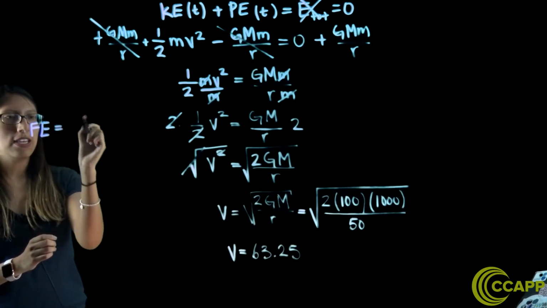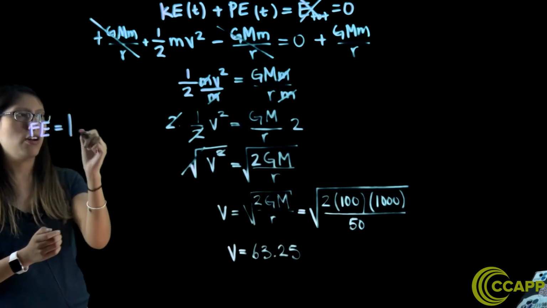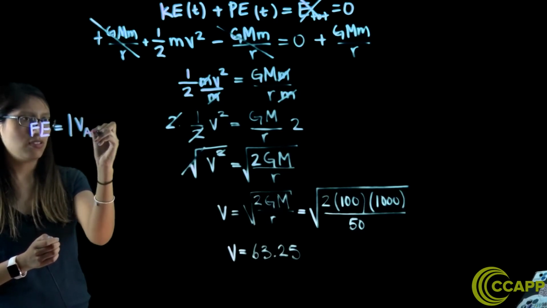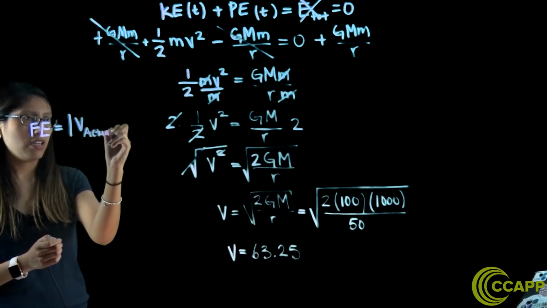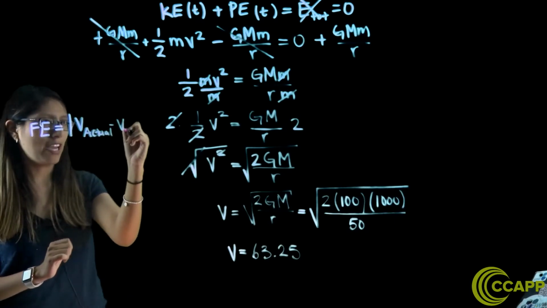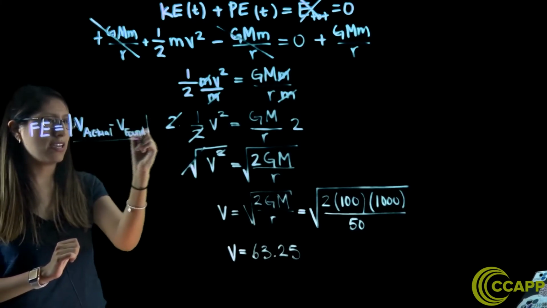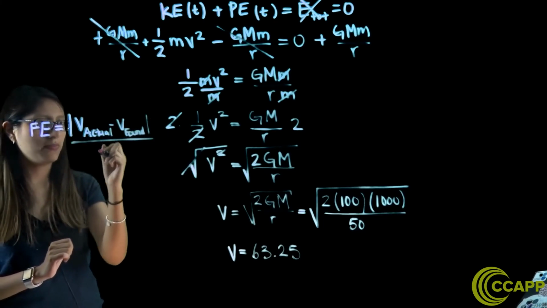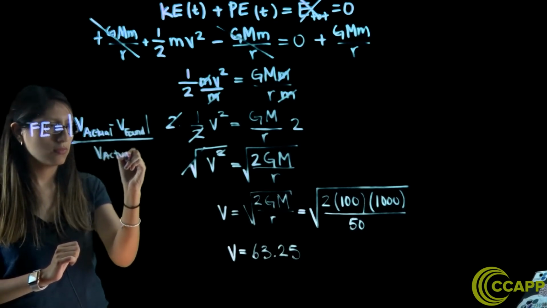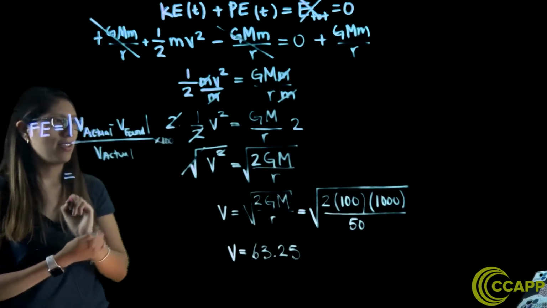And this is going to be equal to the absolute value of the V actual minus V found, divided by V actual. And we're going to multiply this times 100.